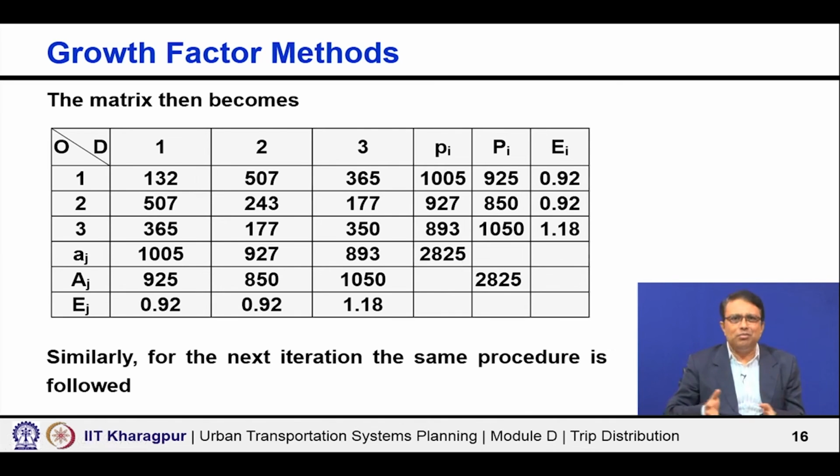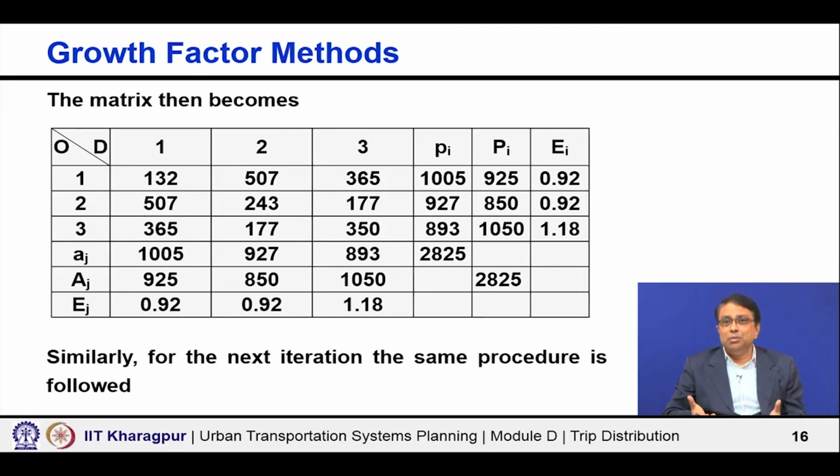and as you go to the second iteration, you get again a matrix. Just see what your E values, growth factor values are. Now, obviously, you can decide your acceptable error limit, that okay, I do not expect this to be exactly 1, but maybe 0.99 is okay for me. Someone else may say okay, 0.95 or 0.96 to 1.04 is fine for me.